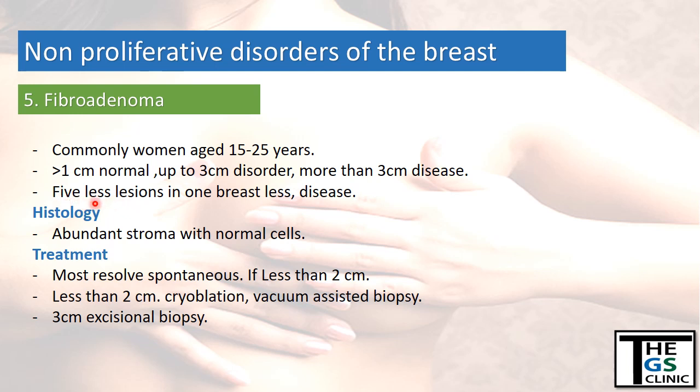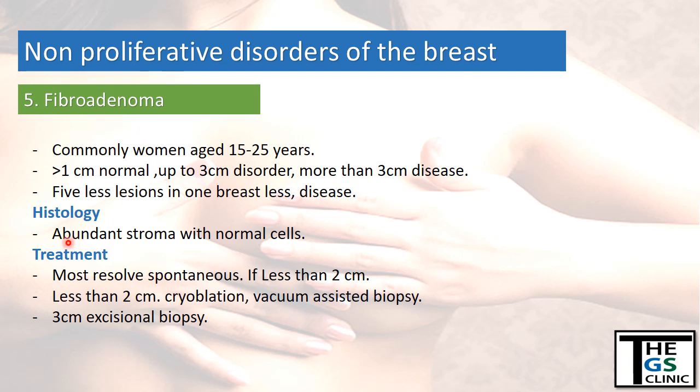If we have 5 lesions in the same breast, let's say about 1, 1.5, 0.5 centimeter, 5 lesions in the left breast, this is a disease and it will be treated as a fibroadenoma that is larger than 3 centimeters. So 5 lesions in one breast is considered a disease even if they are less than 3 centimeters.